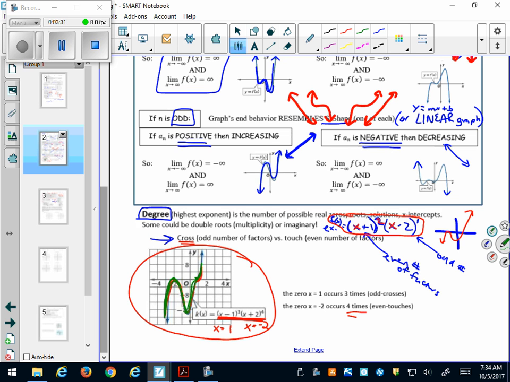In other words, here the graph is changing from increasing to decreasing or decreasing to increasing, right? It's basically a maximum or a minimum if it's bouncing off. And if it goes through, that factor occurs an odd number of times in the function, and it's just going to go through.